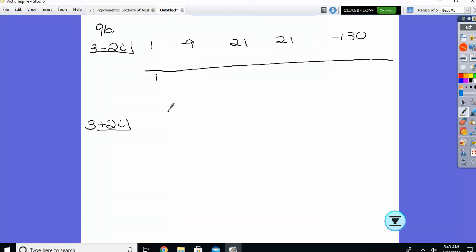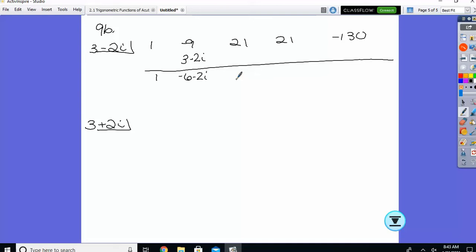1 comes down. 1 times 3 minus 2i is 3 minus 2i. If we add like terms, negative 9 plus 3 is negative 6 minus 2i. So now we have to multiply. We have 3 minus 2i times negative 6 minus 2i.